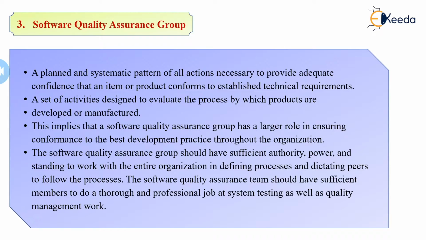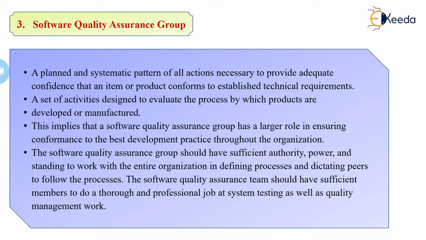So this implies that the SQA group, that means the software quality assurance group, has a larger role, a very effective role in ensuring conformance. That means it is according to the best development practice throughout the organization and has met the customer expectations.